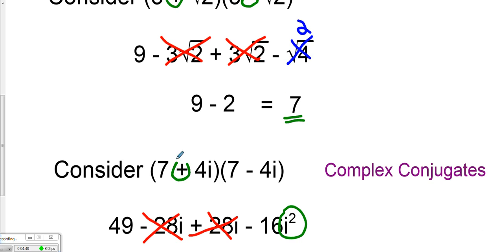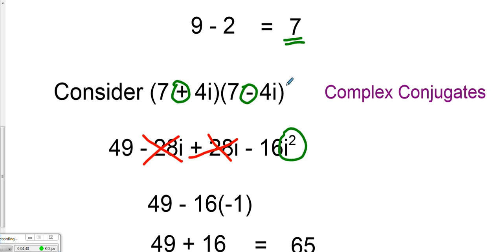Instead of plus 4i, this one had a minus 4i. So the complex conjugate is essentially just the exact opposite of the imaginary piece. So instead of plus 4i, it was minus 4i. If this was our original, 7 minus 4i, the complex conjugate would be 7 plus 4i. It's basically just the opposite of the other one.